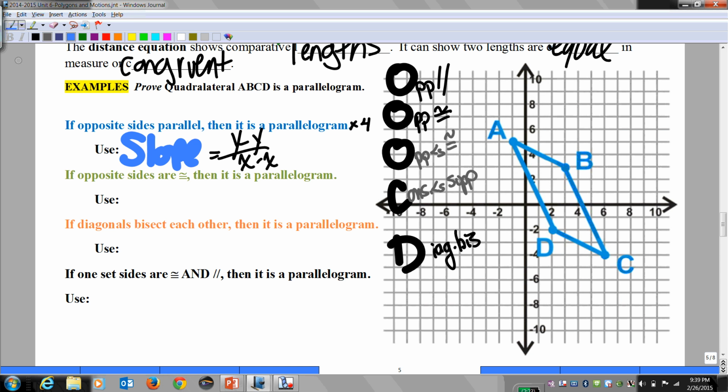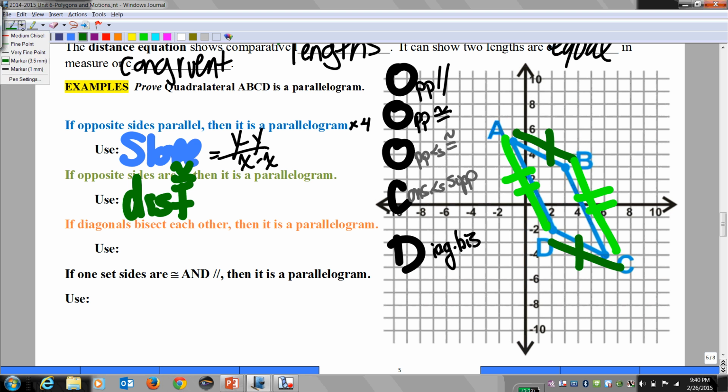If I wanted to show that opposite sides were congruent in length, so the length of AB and DC congruent, and the length of AD and BC congruent, I would have to use the distance equation, because distance shows length.